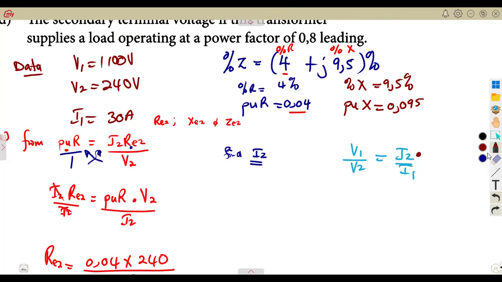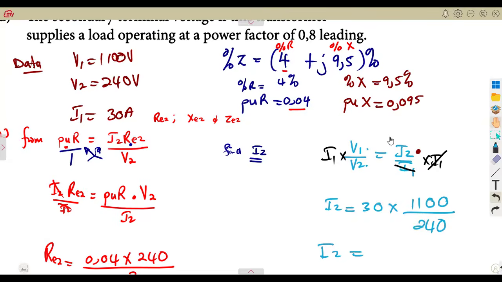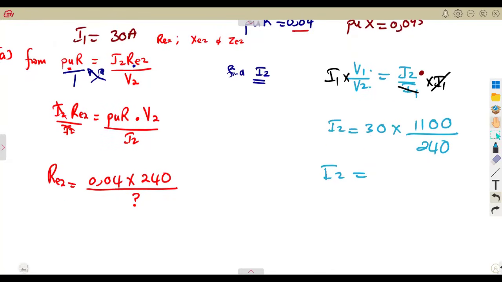We need to remove I1, so we multiply by I1 both sides. This will cancel, and I2 remains. So I2 is equal to I1, which is given as 30, times V1 over V2, that is 1,100 over 240. So we're back to mathematics. This gives us 137.5 amps as our I2.